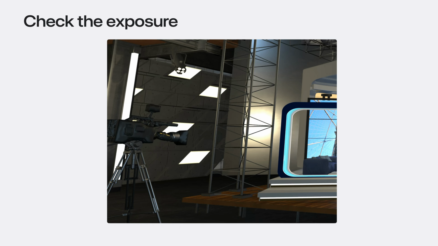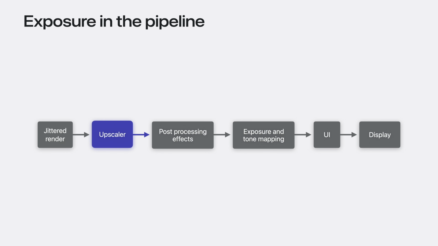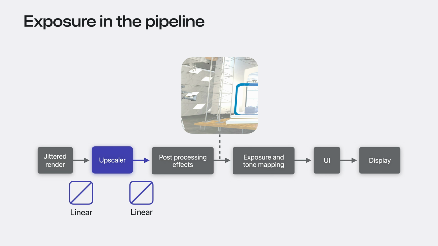Setting a correct exposure value on the upscaler is essential for a high quality outcome. If you pass in a drastically wrong value, it can lead to flickering and ghosting. In the rendering pipeline, the input and output color of the upscaler are in linear color space.